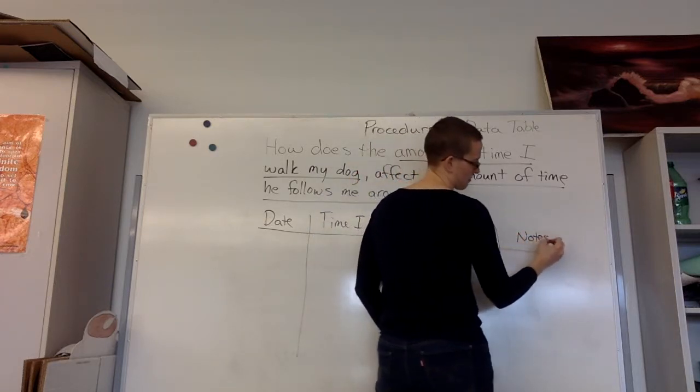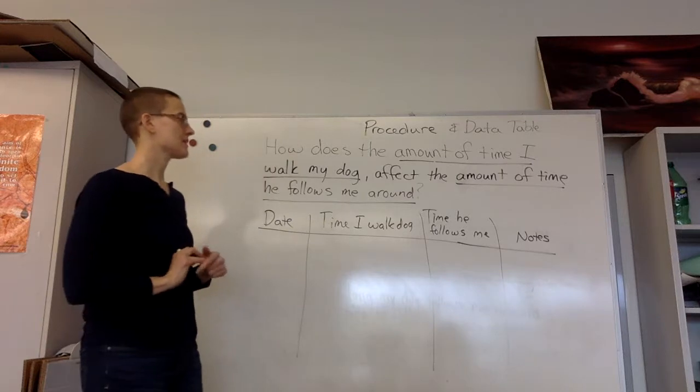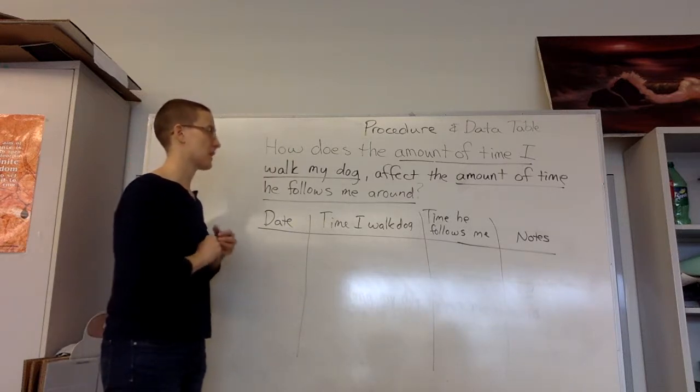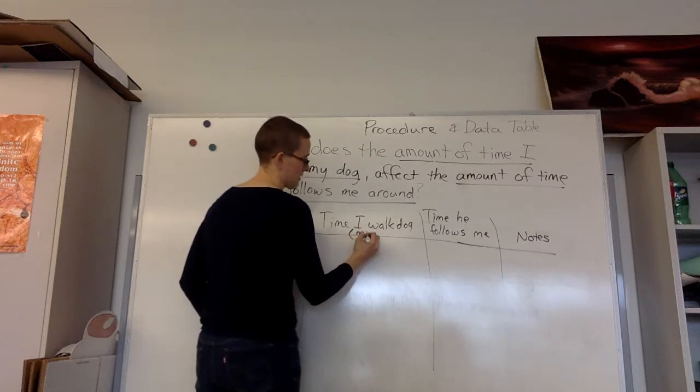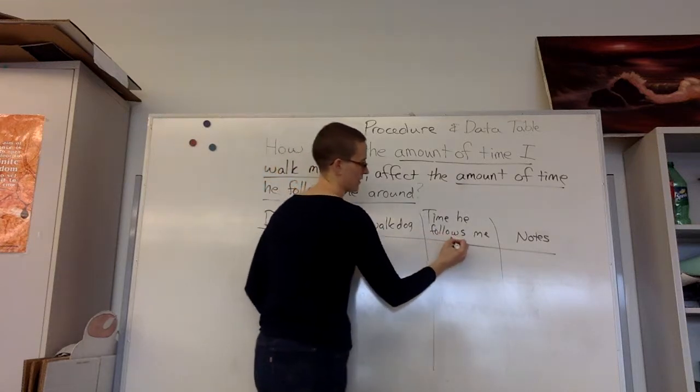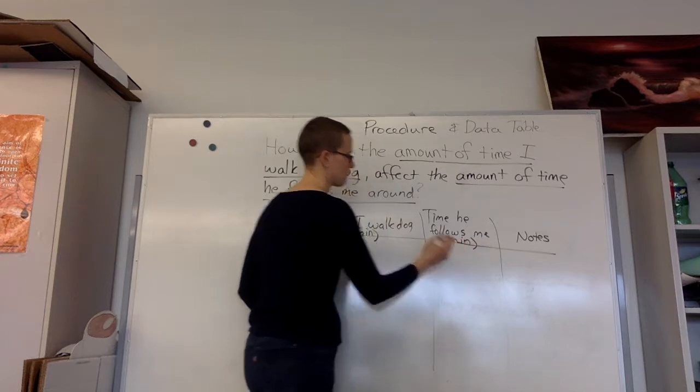This is a column where I'd put anything strange that happened, anything unexpected. I'm going to measure my time in minutes. So I'm going to include that on my data table.